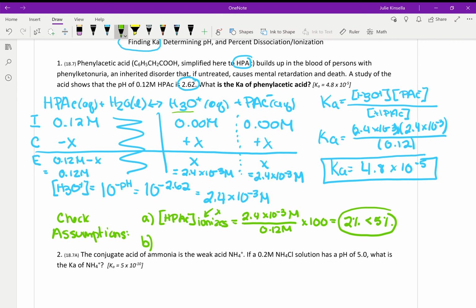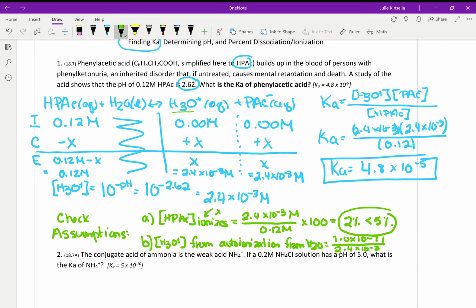So in this case, the concentration of H3O plus from the autoionization of water is going to be equal to, now we know that the concentration of hydronium in water is equal to 1.0 times 10 to the negative 7. And we're going to put that over the amount of hydronium from our weak acid, so x here.